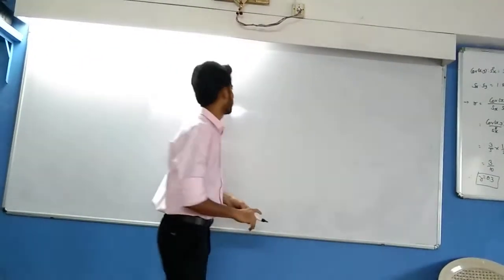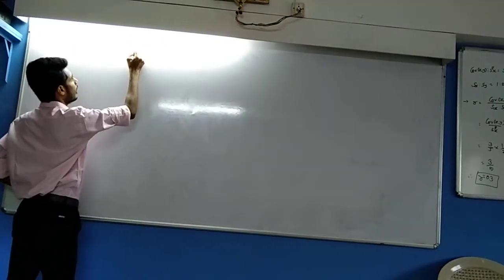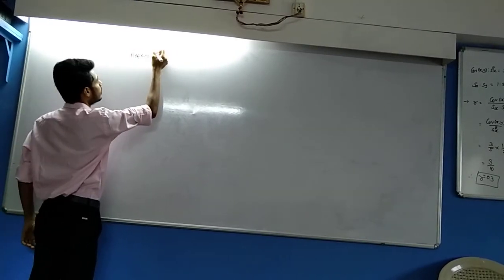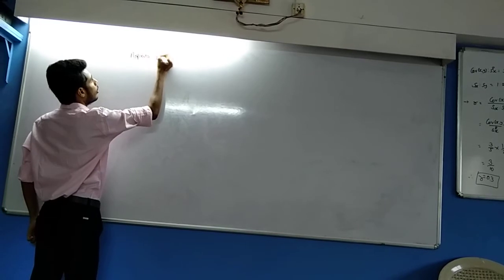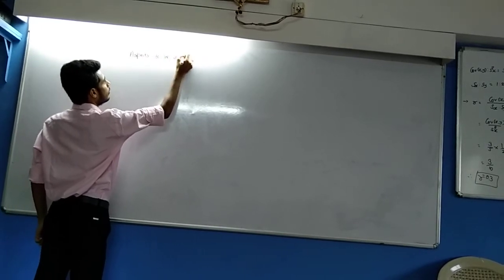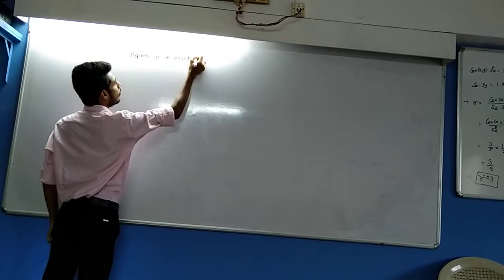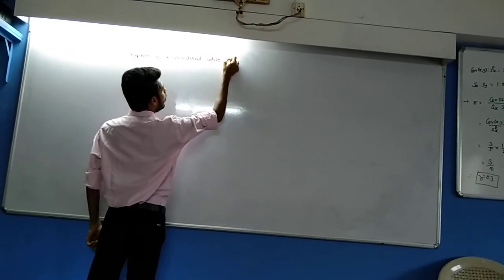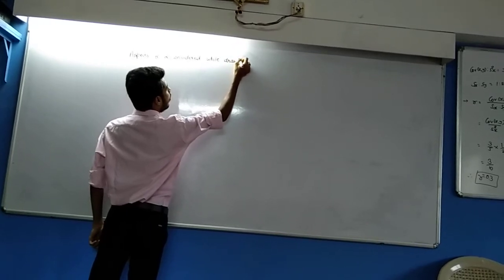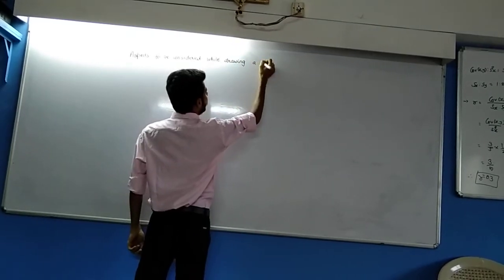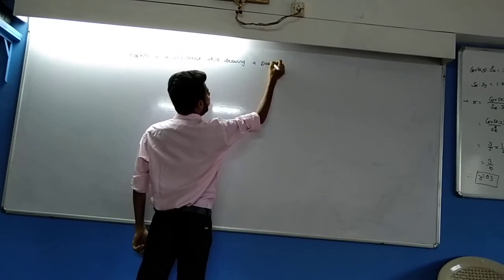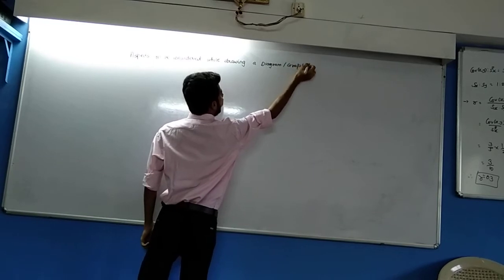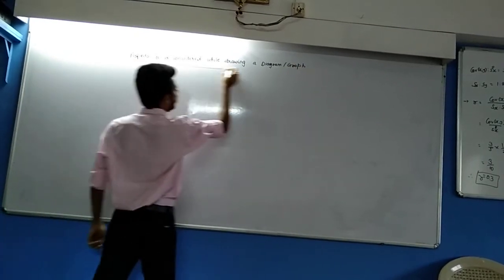giving you some examples. So what are the important aspects to be considered while drawing a diagram or a graph?